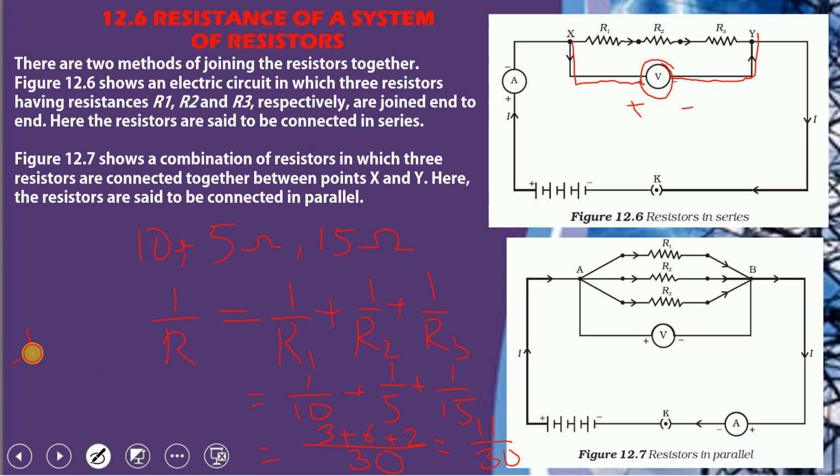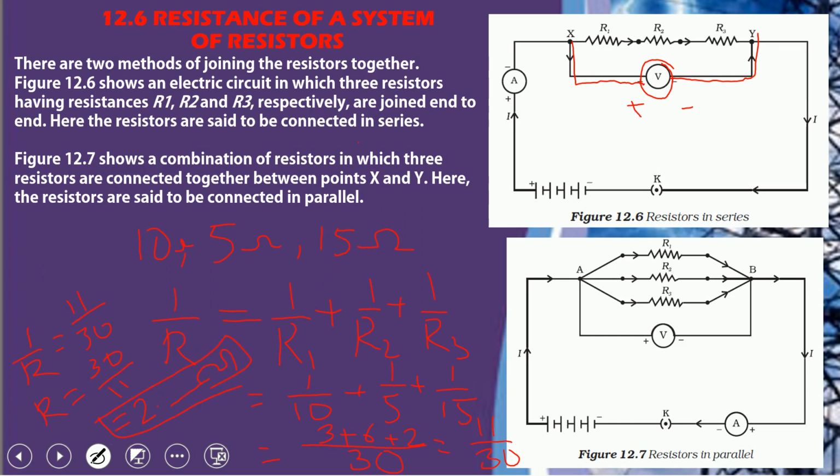Now 1 upon R is equal to 11 upon 30, so R is equal to 30 upon 11. While dividing 30 upon 11, you will get 2 point something. Even 3 ohm you will not get. So the resultant resistance is about 2 ohm.